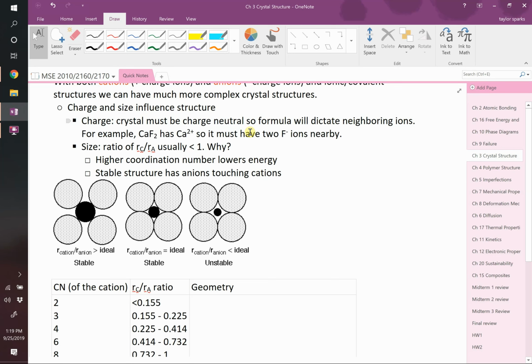That's unstable, okay? That is less likely to form from a free energy, a Gibbs free energy standpoint. This one on the right over here is unstable because it's not touching, because it's too small. So how could you fix this arrangement and let it be touching? Change the number of anions that are around it. Instead of having 4, what if you did this?